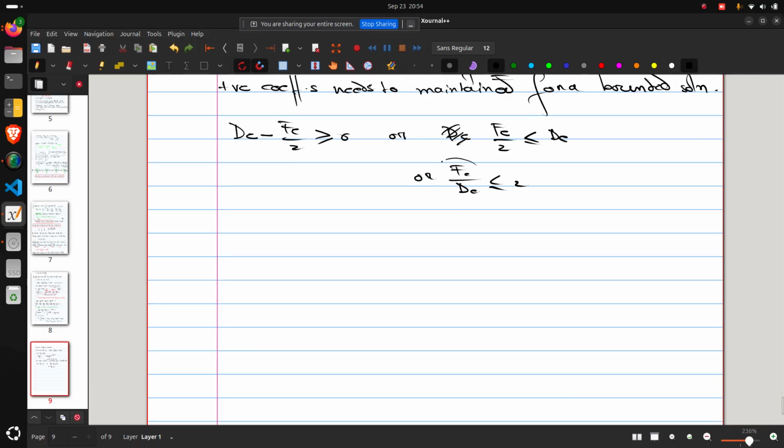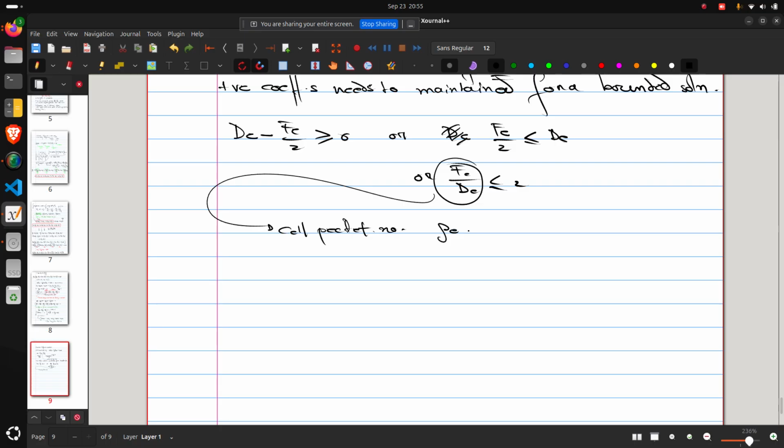So what does this mean? This is nothing but the cell Peclet number. So what does it tell us? It is just a ratio of the convective flux to the diffusive flux. So convective flux is written as rho e delta y times UE, and it is nothing but gamma east times delta y by delta x, right.